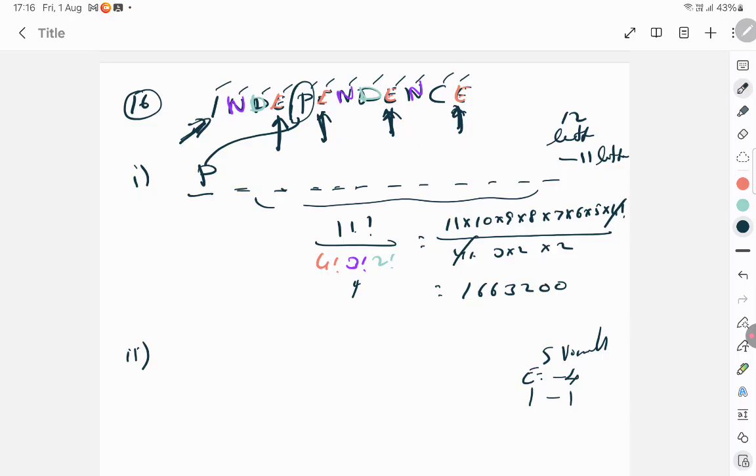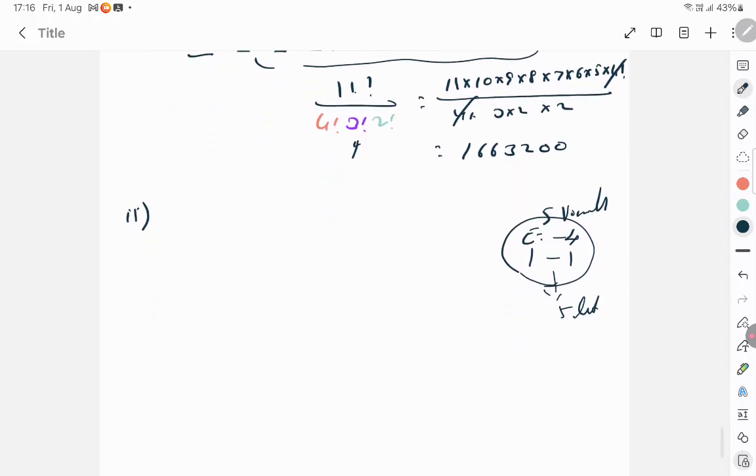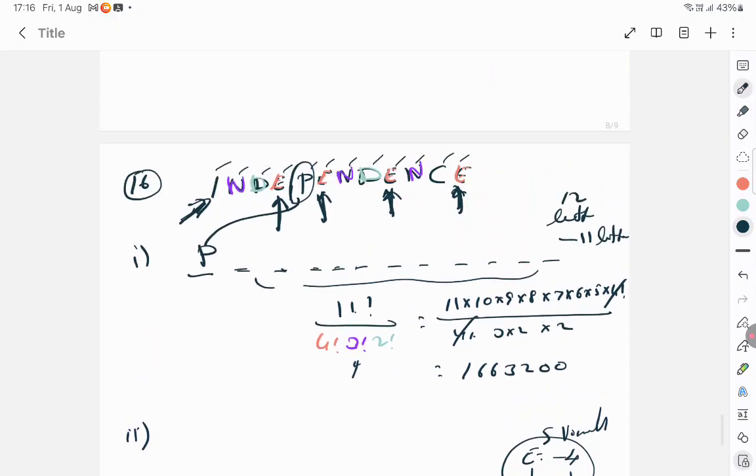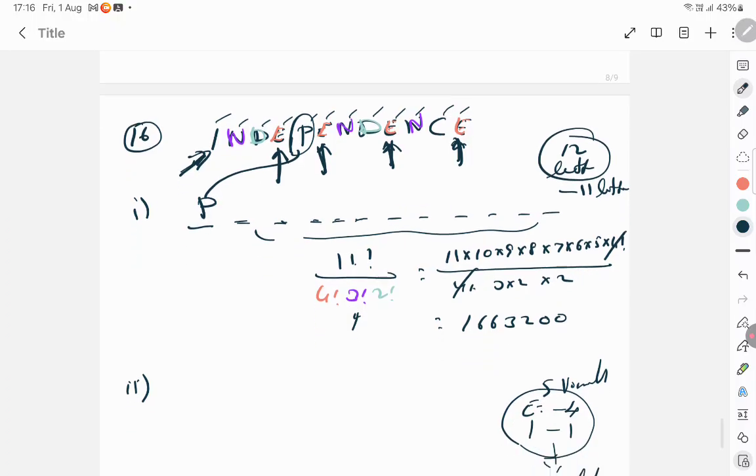All these vowels are going to occur together, so I have to treat all the 5 letters as one letter, like an impression. Among them, the juggling we'll think about later. Now how many letters are there? It's totally a 12-letter word.